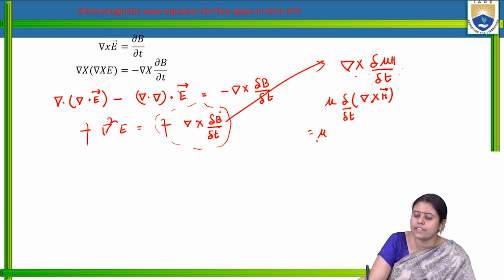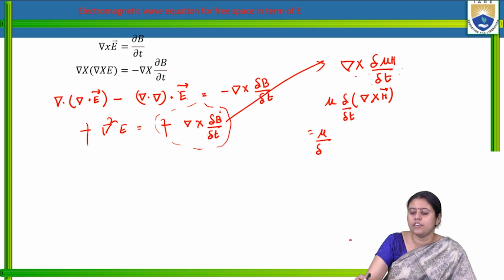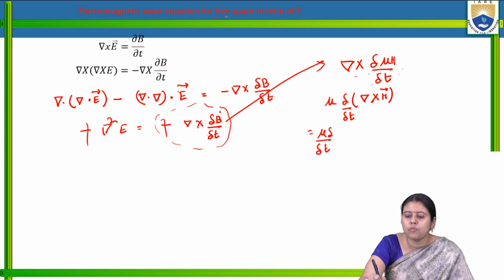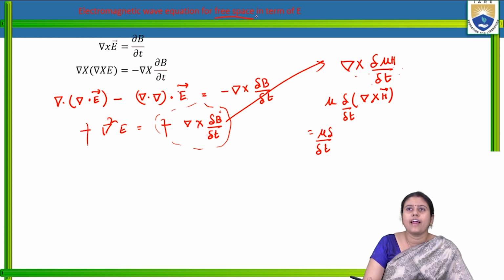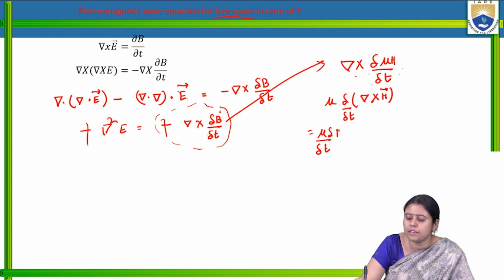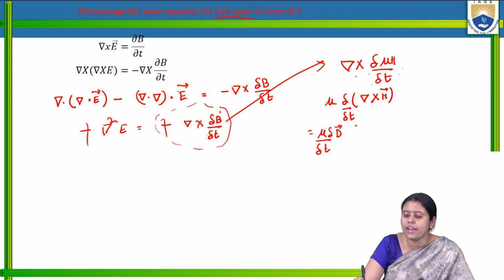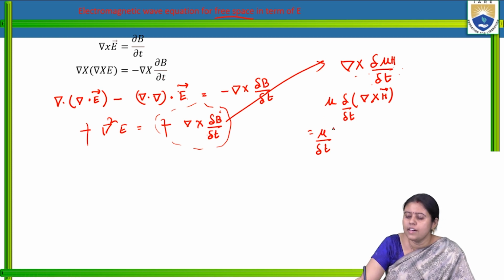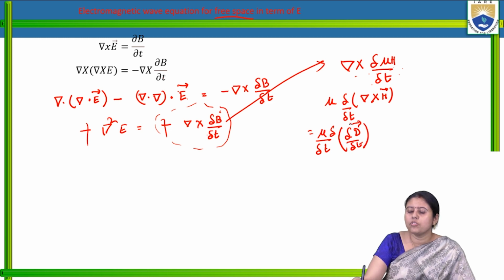From Maxwell's equation for free space, remember we are doing this for free space, grad cross H is nothing but del D by del T. So what we got here is mu del square D by del T square.